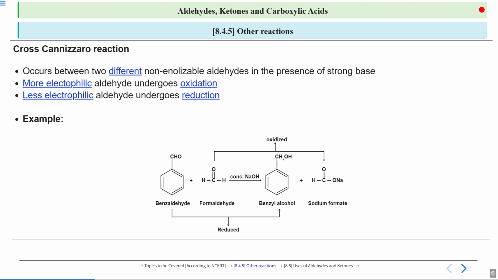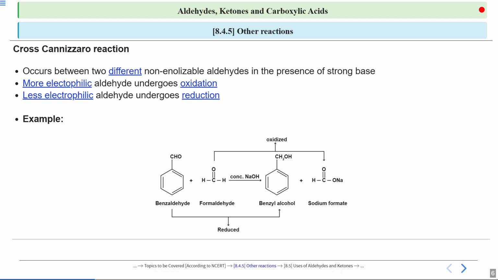So if you see over here, formaldehyde is more electrophilic. It is in need of electrons more than benzaldehyde, so formaldehyde being more electrophilic, it will undergo oxidation. Formaldehyde is getting oxidized to sodium formate after treating with concentrated NaOH.